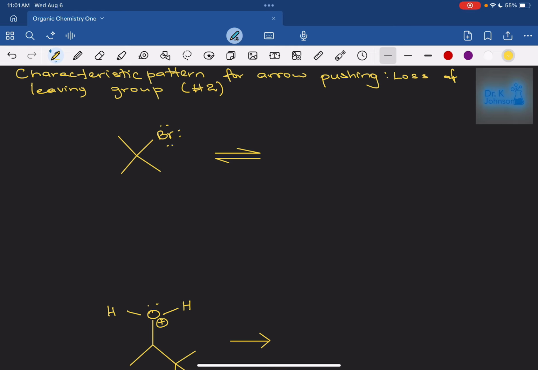So, let us talk about some leaving groups that are common that you will run into when you write reaction mechanisms. Your halogens, they're common, right? Your chlorine, bromine, iodine. The reason for this is because when your halogens leave and you have, for example, the bromide anion or the chloride anion, these are stable.